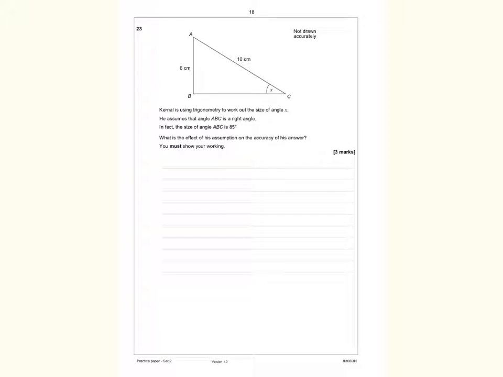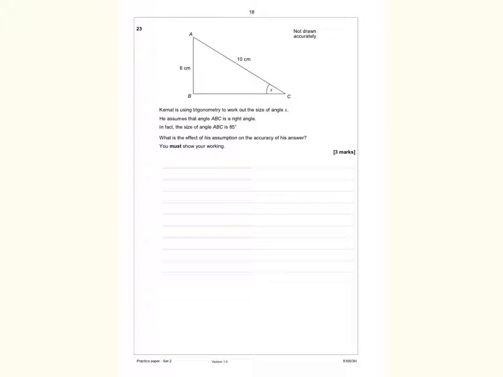So what we can do is first work out what x is using his assumption, and then work out the actual value of x. It says what is the effect of his assumption on the accuracy of his answer, and then we can say how it's different. So the first thing we're going to do is use his assumption first.